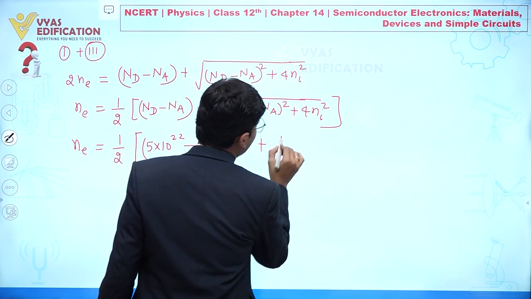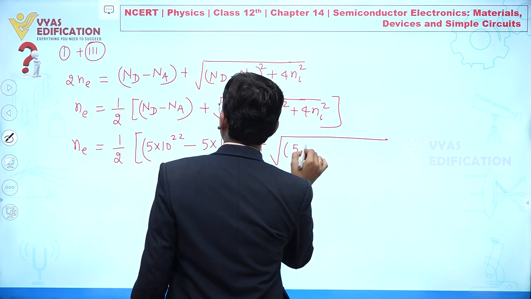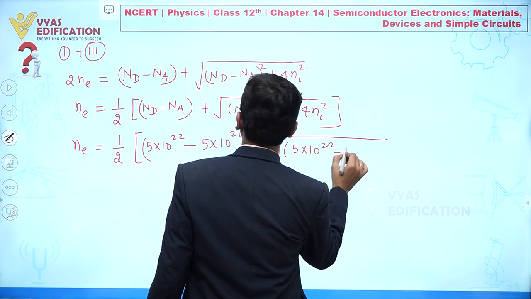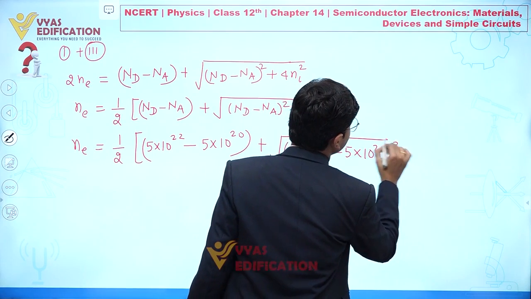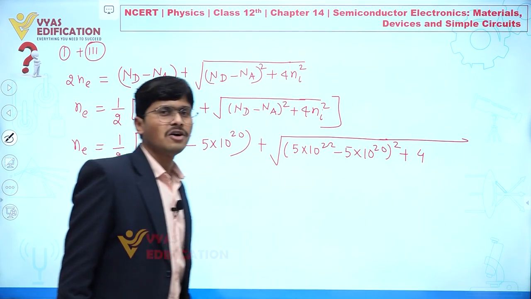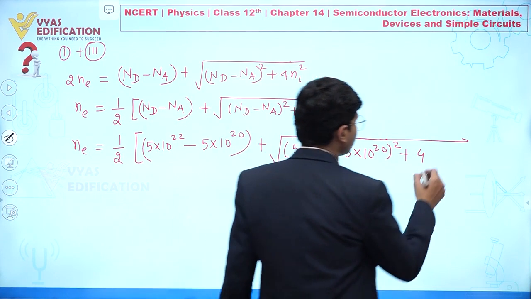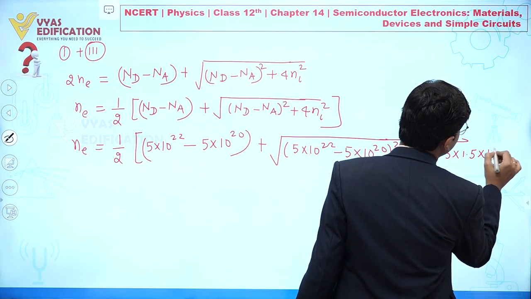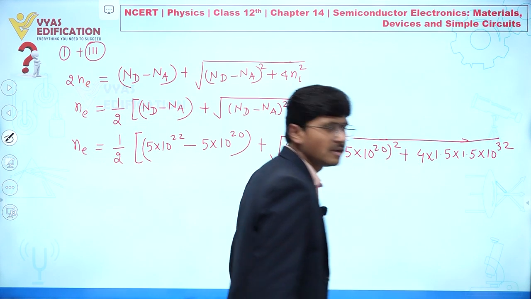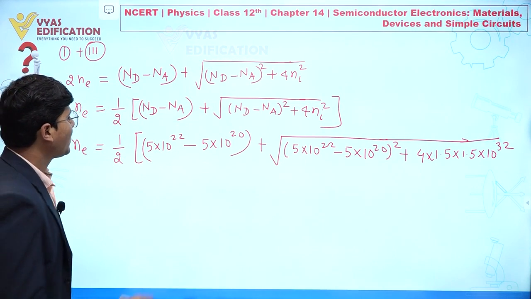Plus the square root of, now place all values: (5 into 10 to the power 22 minus 5 into 10 to the power 20) whole square plus 4 times, what is the value of Ni? Ni is given, 1.5 into 10 to the power 16. So we get 1.5 into 1.5 into 10 to the power 32. Clear? So this is divided by 2. Clear? Now we have to solve it.